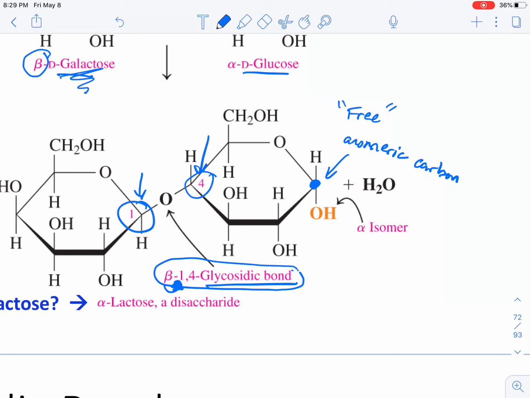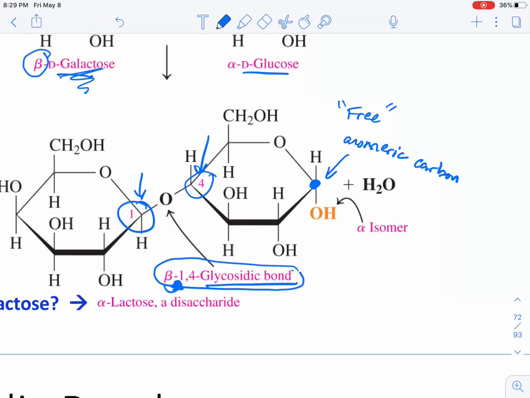Think of this as a domino effect: if the carbohydrate that you are attaching onto this long chain has a free anomeric carbon, it can continue adding more subunits to it. And that's how you would get a polysaccharide.